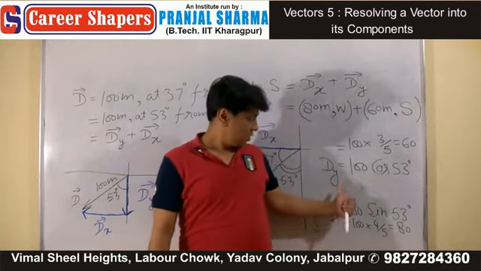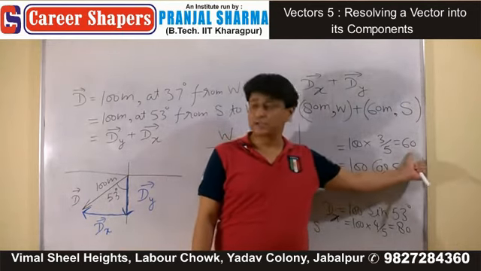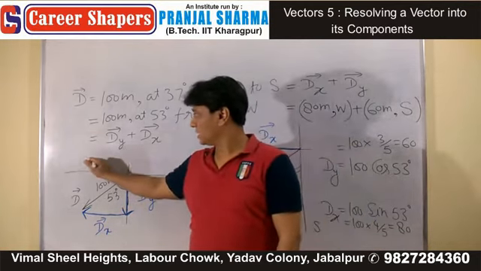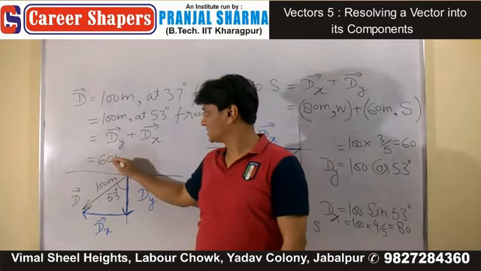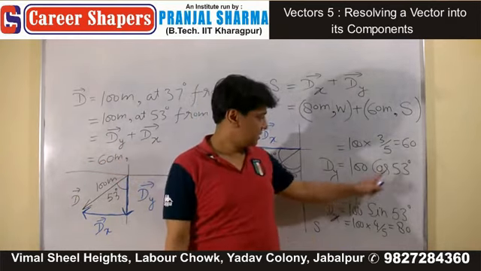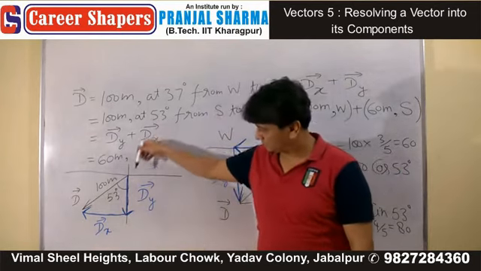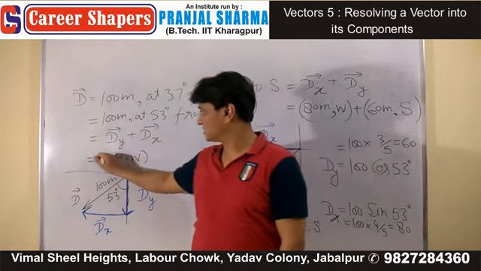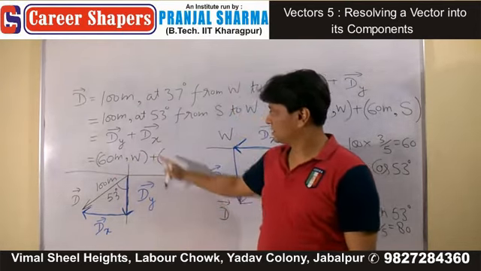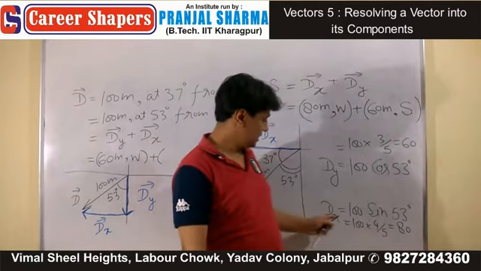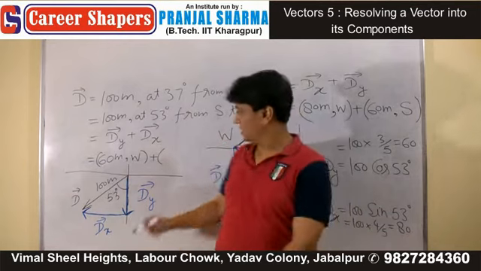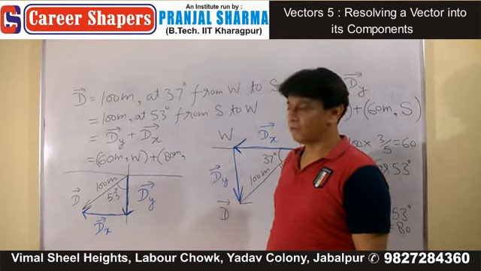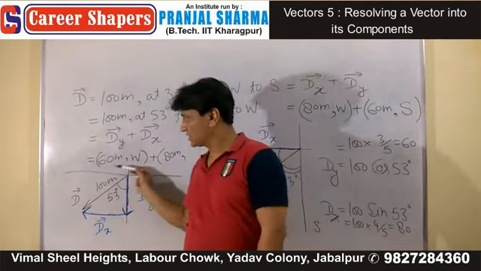Now, what is dy? 60. What is the direction of dy? West. 60 meters west plus, what is dx? dx is 80. What is the direction of dx?